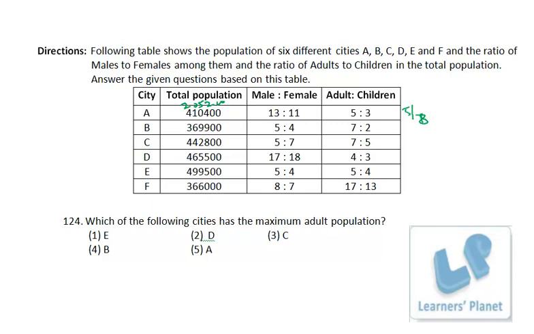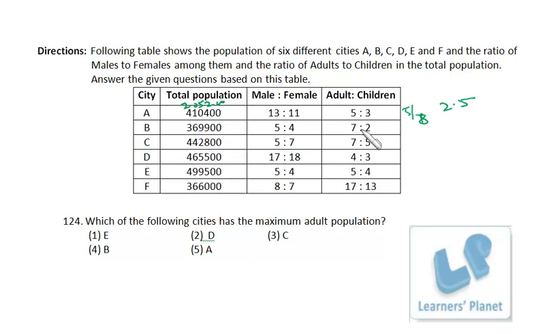And 1 by 8 must be something around 50,000, right? So in all it is 2,05,000 something, and if we add 50,000 it will be around 2.5 lakh, right? So here in city A the population of adults is around 2.5 lakh.